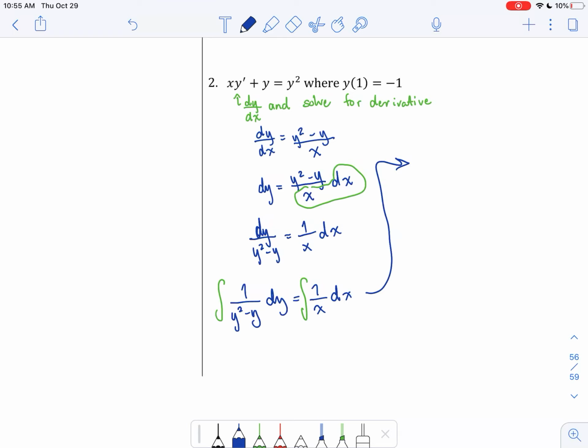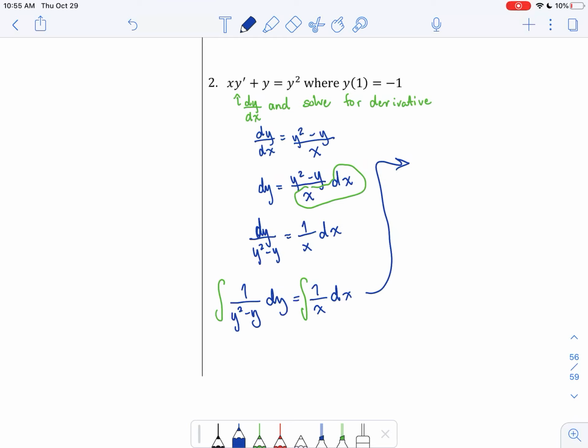This method is called partial fractions. If you're interested in it, please do look at it, but it's something that we will cover when we are going into our Calc 2 materials.